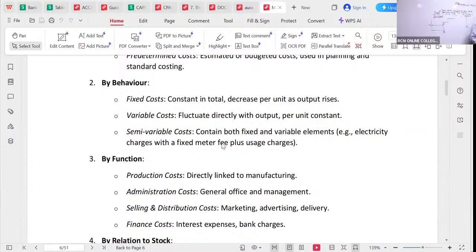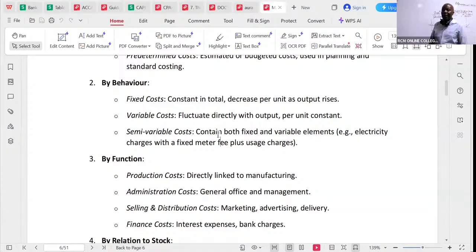Then we have administration costs, general office and management. Then we have selling and what here, somebody? Distribution, marketing, advertising, delivery. Then we have finance costs, interest expenses, bank charges, etc. So whenever you hear of function, those are basically the functions of a company.